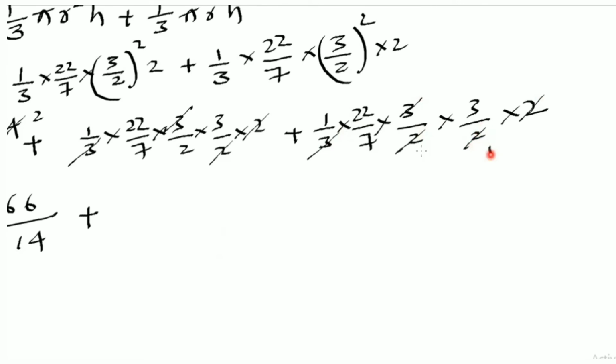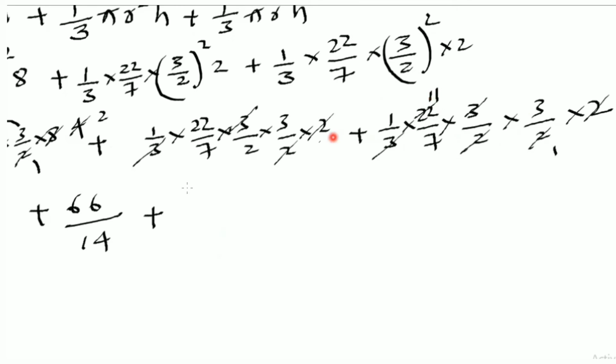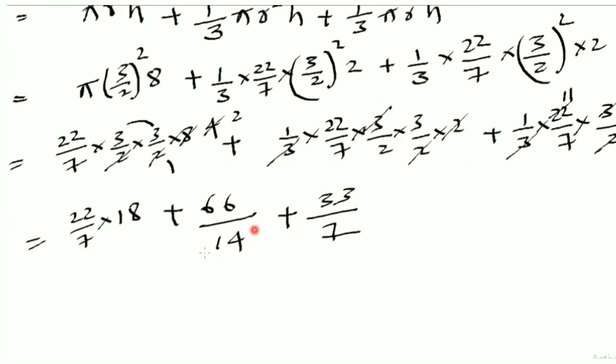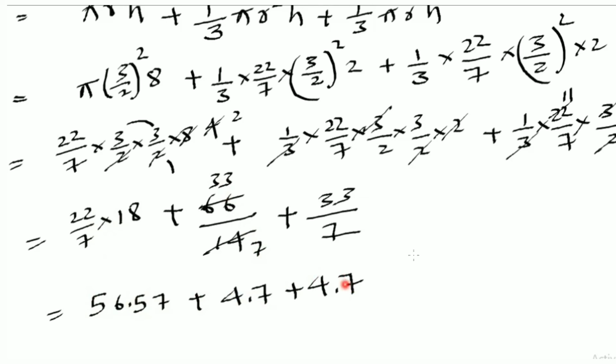We can cancel this also, right? 11 threes are 33 by 7. Here also we get 33 by 7. So if we solve this, we get 56.57, plus if we solve 33 divided by 7, we get 4.7 plus 4.7.